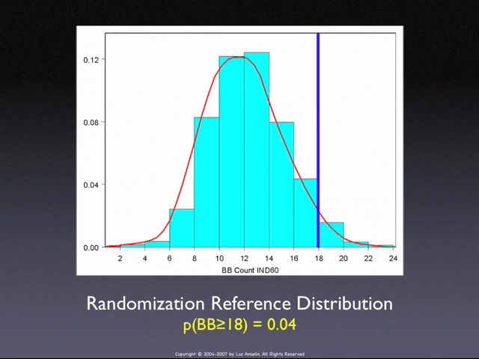So if we look at this distribution, and I can't remember how many there were, but let's say there were 99, that means we have 4 values that are 18 or higher. So the total is 100. We have 3 values that are equal or higher. So it is (3 + 1) divided by (99 + 1).